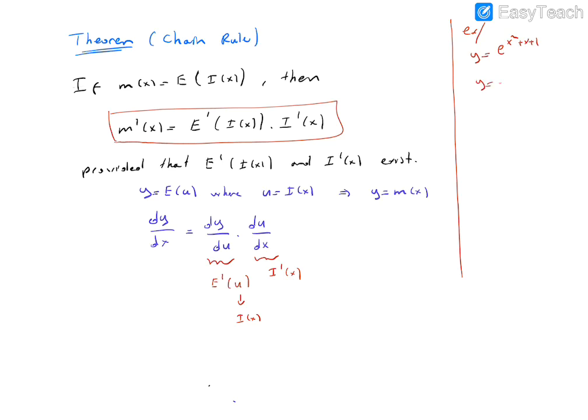Or ln of x squared plus 1. Also, we know the derivatives of trigonometric functions, so you can apply that too. I mean sine of x squared plus 1, for example, or y equals sine of ln x, etc. You can apply that rule to any composition of functions.